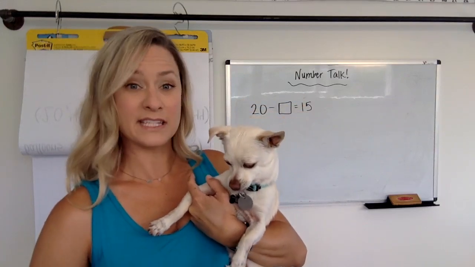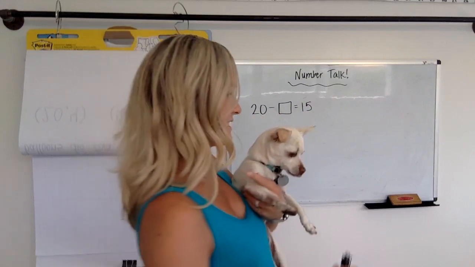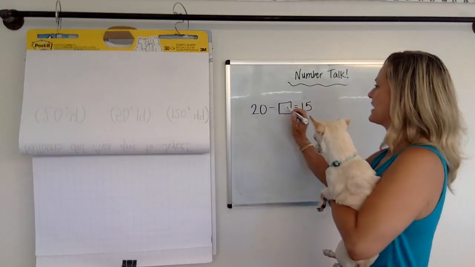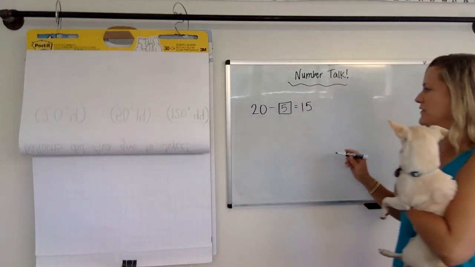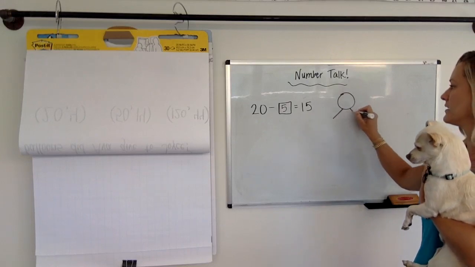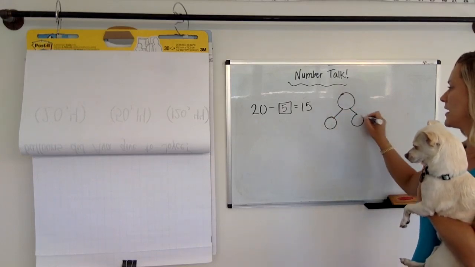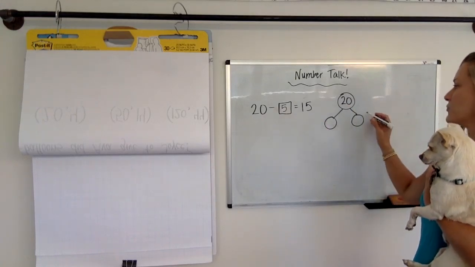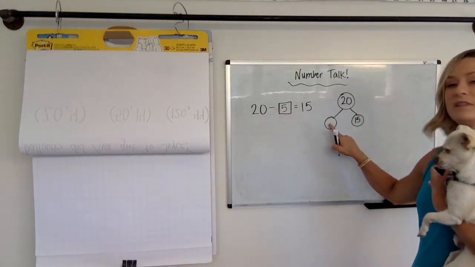Okay, here we go. Let's see if we can figure out how the answer would be 5. All right, so 20 minus 5 would be 15. Maybe you thought about a fact family, and maybe you thought, well, if the whole thing was 20, and then in the end we had 15, what would the missing number be?